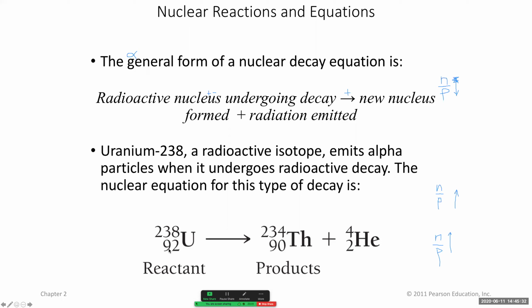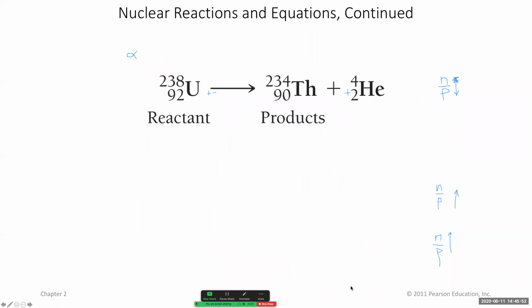The total Z on the reactant side, which is 92 in this case, has to equal the total Z on the product side, which is also 92. The A number, which is the mass number on the reactant side, 238, has to equal the mass number on the product side.